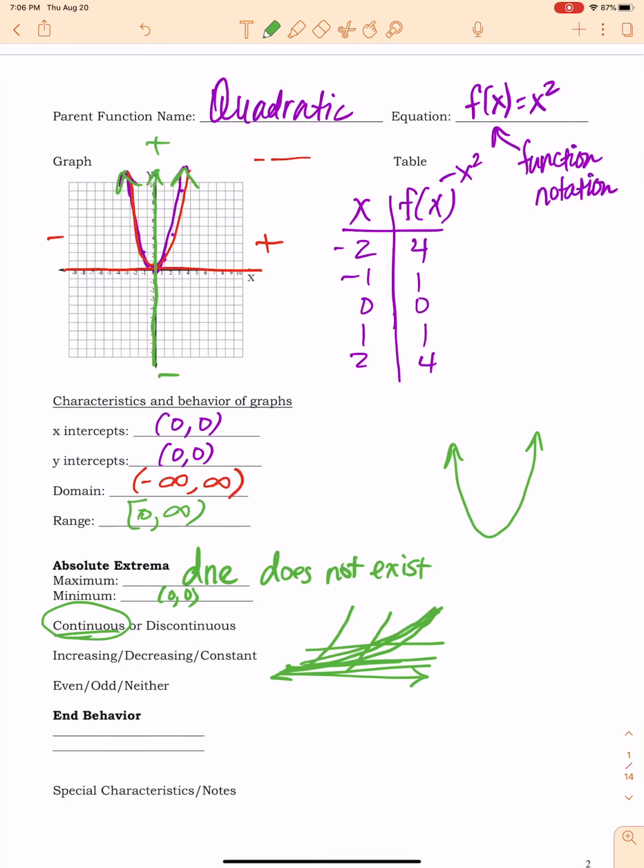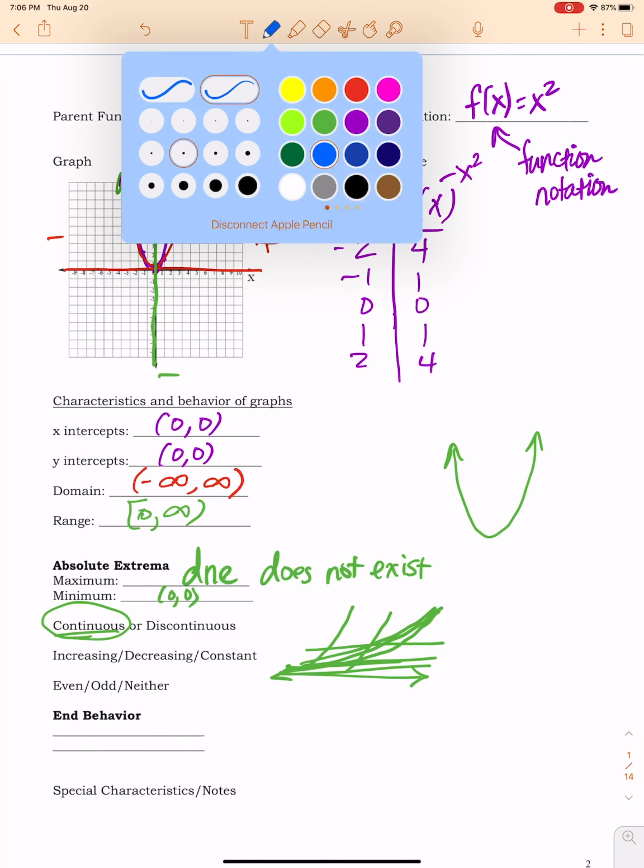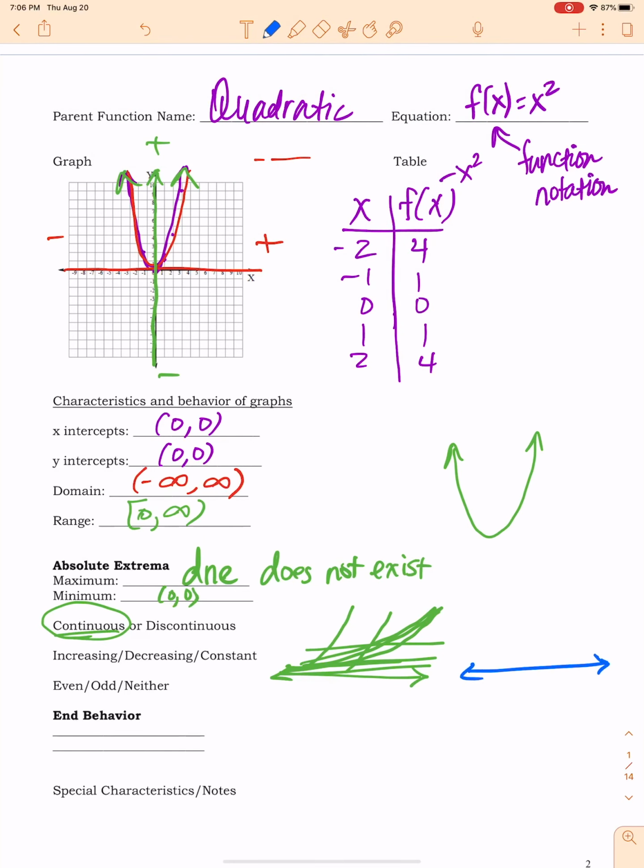But if it's decreasing as we move from left to right, it should be doing something like that. Constant means it never changes. It just goes straight the whole way. So as you can see from the parabola, we are both decreasing and increasing. So it's doing both of those things.